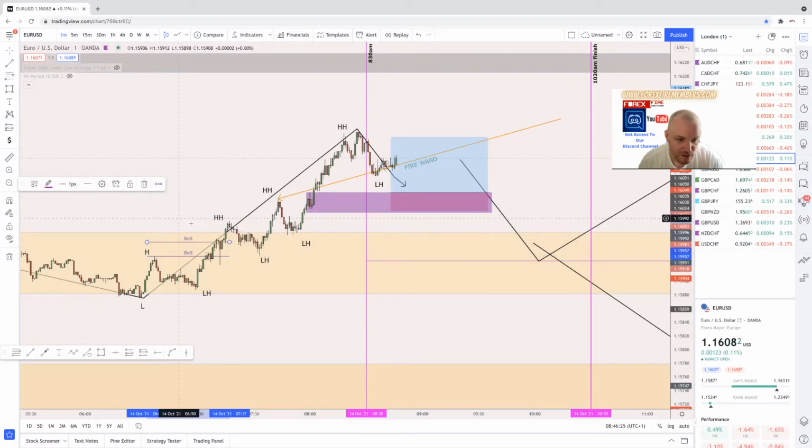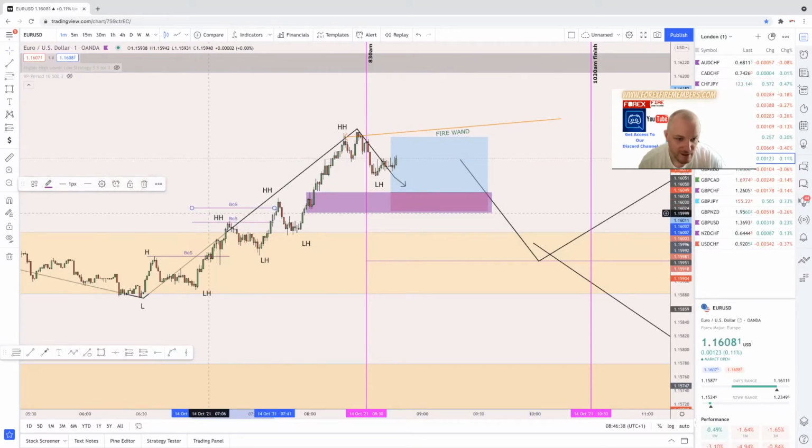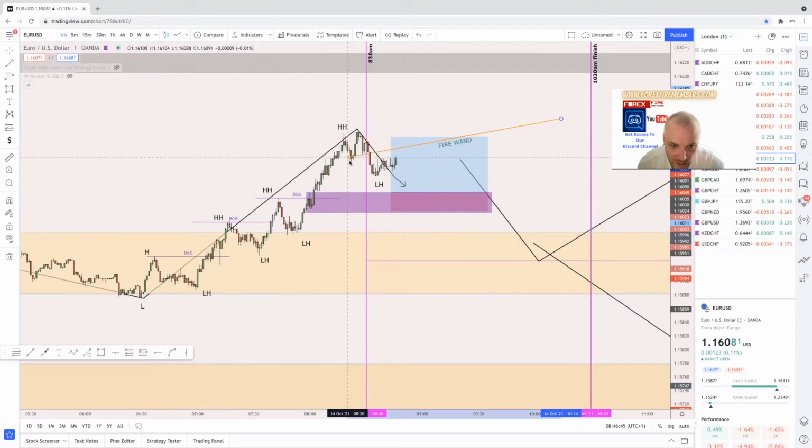This now also becomes a break of structure. So from your higher high, you've got a lower high, and then you've got a higher high. Okay. So now again, this also has become a break of structure. So at the moment, we've got a lower high at the minute.